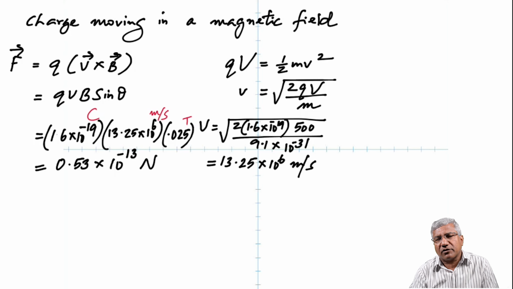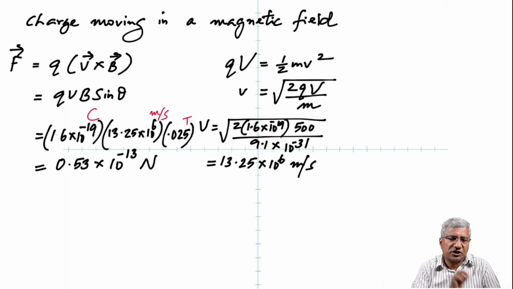All right, so that's how you calculate the force on a charged particle moving through a magnetic field. But suppose you have the magnetic field spread out over a wider area, then the particle will be compelled to make a circular path. When it makes a circular path, we should be able to find the radius of that path. Why and how? Whenever any particle moves in a circular path, there is the centripetal force acting on it.